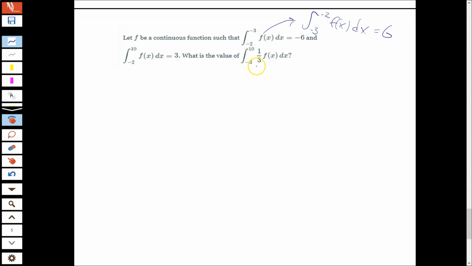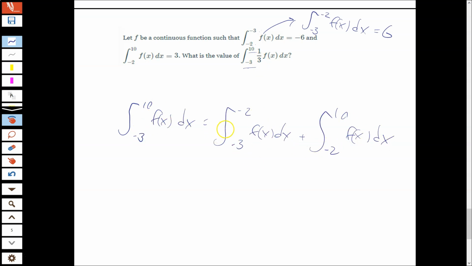So notice what I want is the value of negative 3 to 10 of f of x dx. And notice this 1/3 can come out too. So this is the biggest integral that I have. Just like the last one, I said the biggest integral is equal to the sum of the two smaller integrals. And notice rewriting this is convenient because then it goes in order. Negative 3, negative 2, negative 2, 10. And I'm just going to make my substitutions.